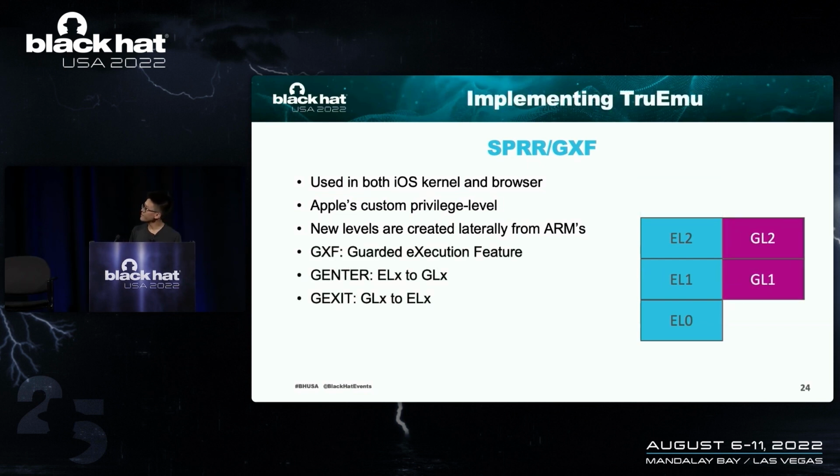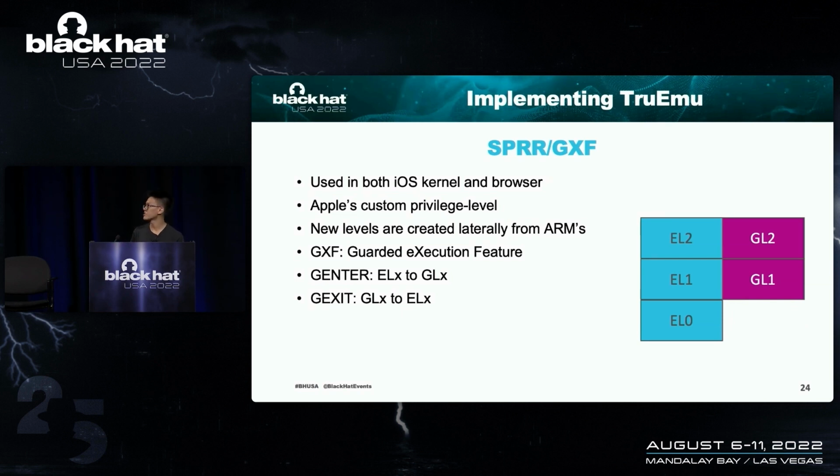So for GXF, it basically creates GL2 and GL3 laterally from the normal ones. GL2 is guarded mode for EL2, so it is more privileged compared to normal EL2. GXF is short for guarded execution feature, so you have a guarded execution level.